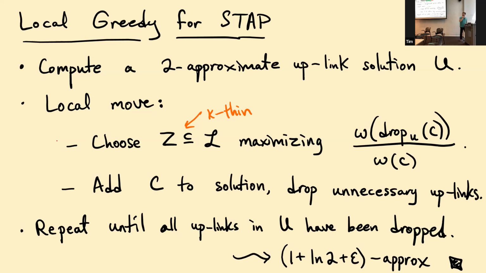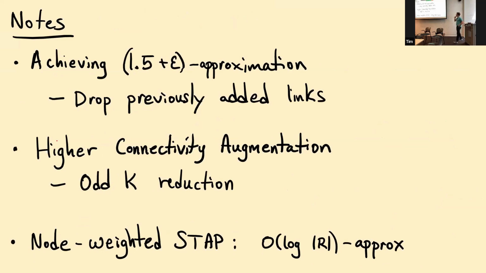Okay. So yeah, that's pretty much it. I wanted to point out some notes. So how do we get that down to the 1.5 plus epsilon approximation? So the idea here is, in the original analysis, we're only dropping uplinks in the initial solution.